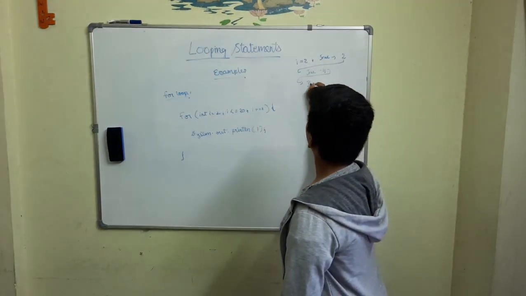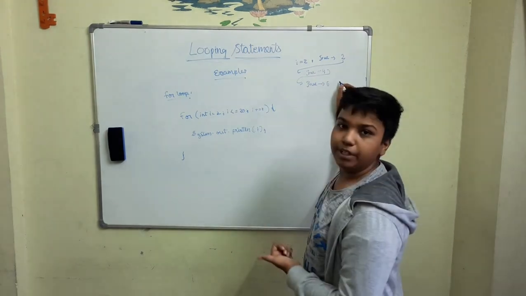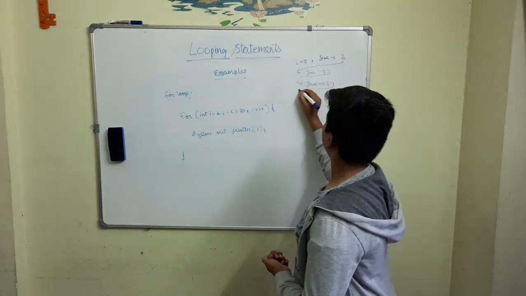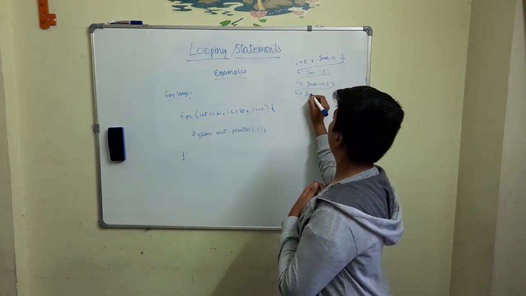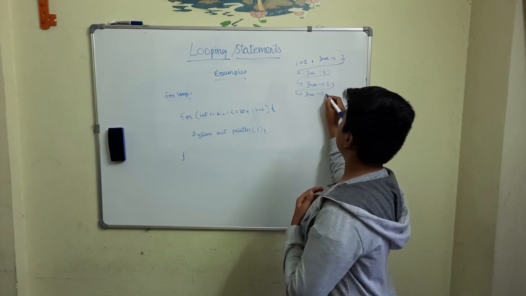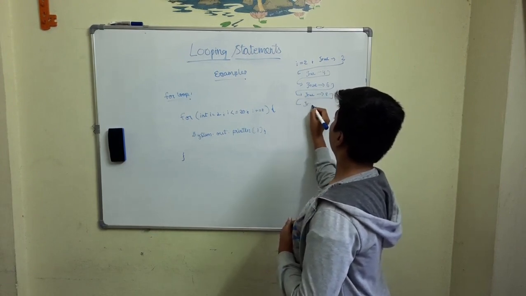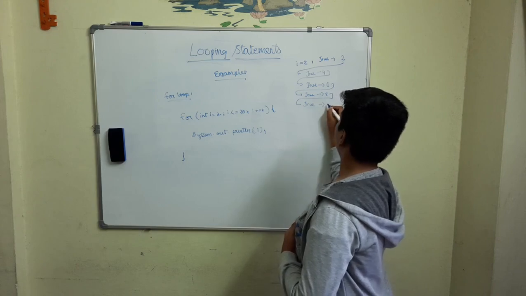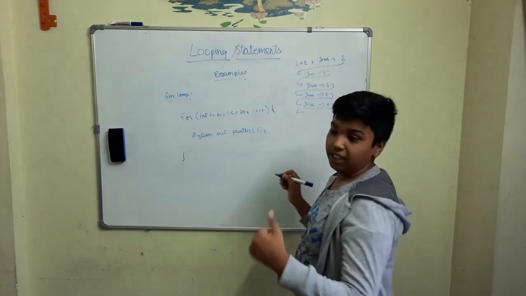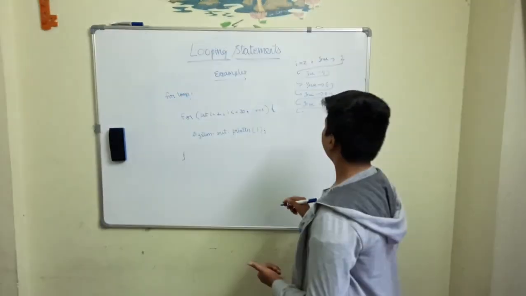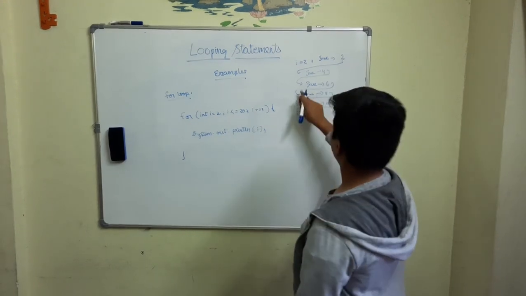It prints 6, increments it by 2, that is 8, then starts again and checks. This is true. Prints 8, goes back until true again. Prints 10, goes back, until you get 20. Until you get 20, it keeps on doing this cycle.